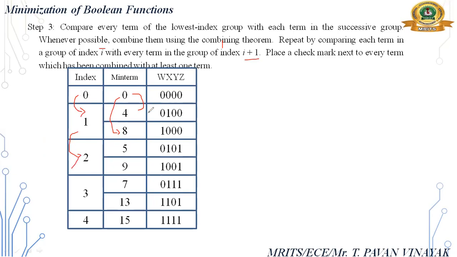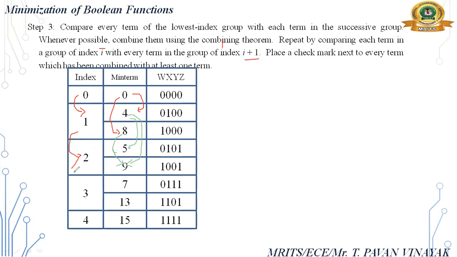In groups 1 and 2 we have to compare which values? I am taking another color. 4 and 5, 4 and 9, right? Again 8 and 5: we do not perform that. Why? 5 is smaller than 8, so there is no need to perform the comparison. So we compare 8 and 9.